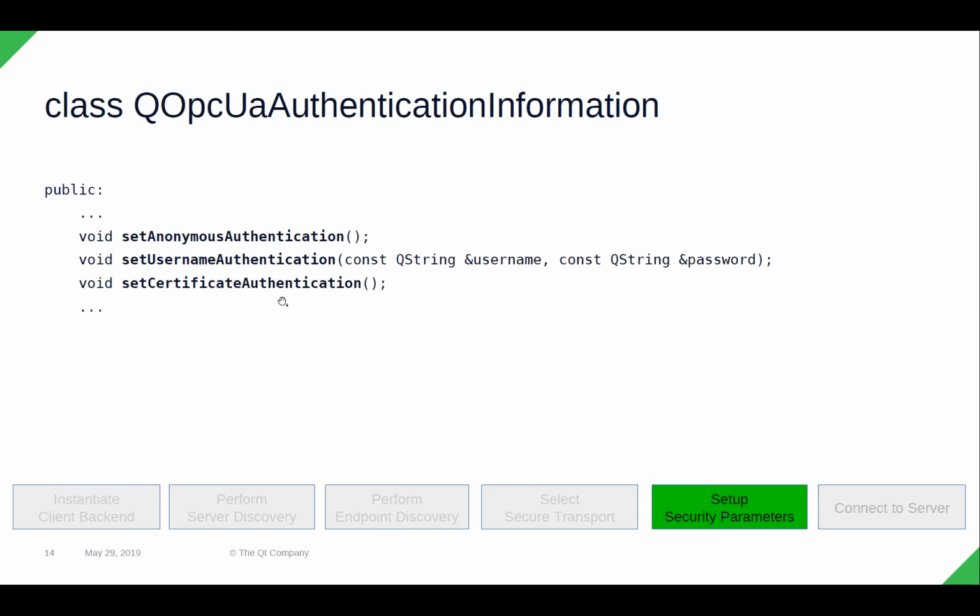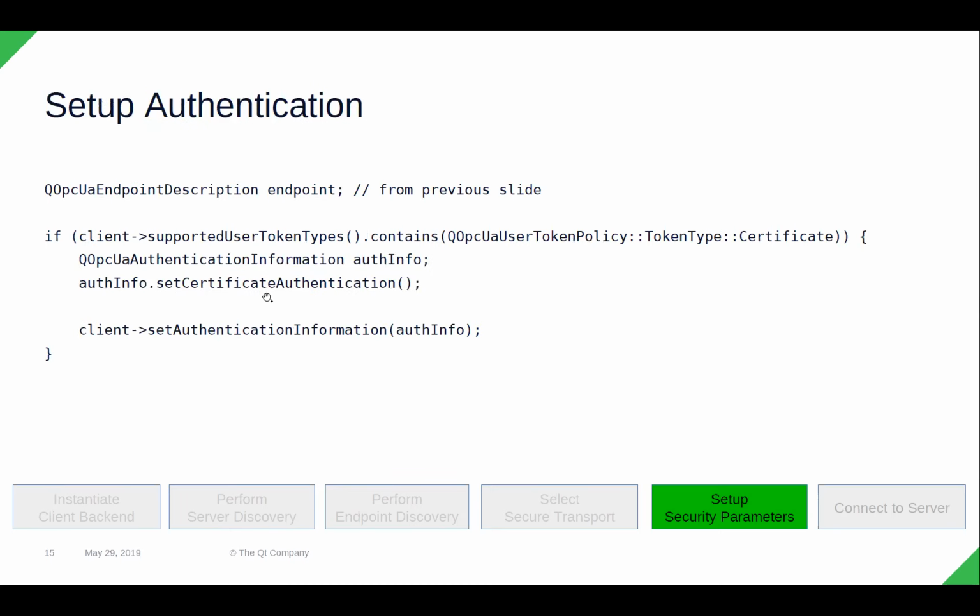And you just instantiate this authentication information class, and then call set certificate authentication if you want to use certificates. And then you tell the client via set authentication information, you pass that over to the client so that it will actually be used.